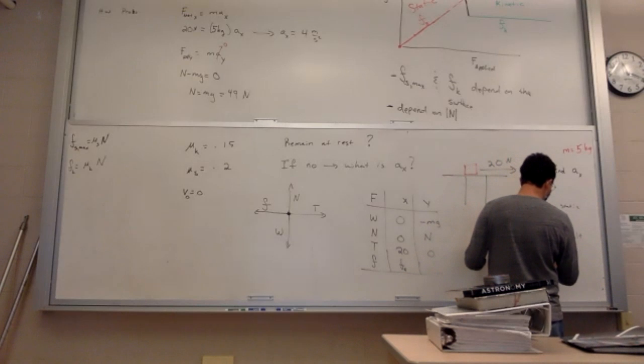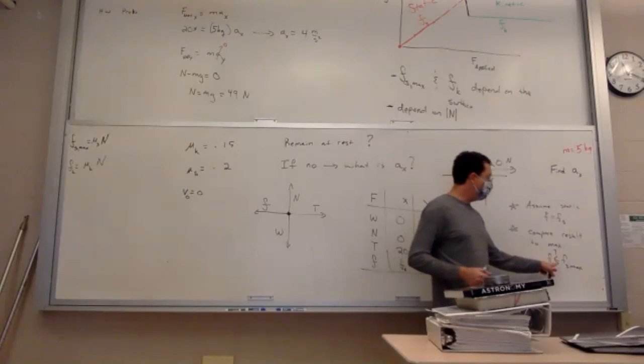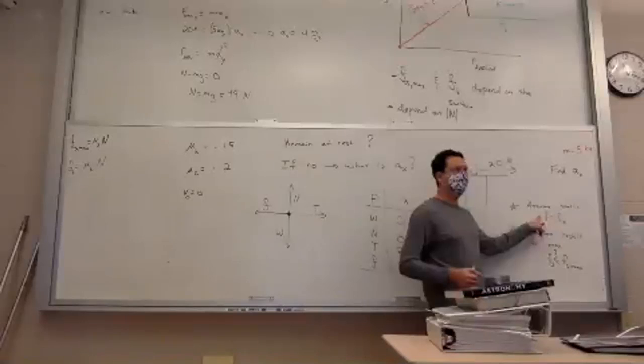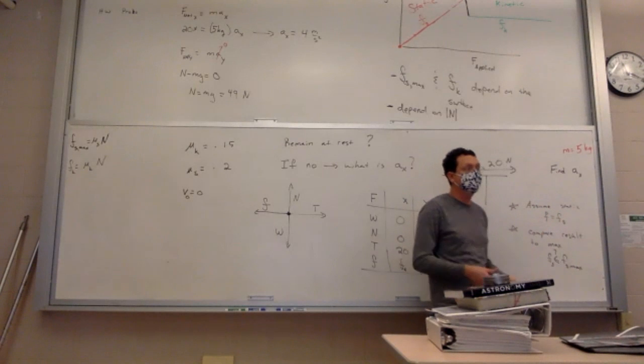So I compare f sub s, is it less than or equal to, question mark, f sub s max, right? If it fails this, then I know my initial assumption was wrong, and I have to go back and resolve, but you just don't know.